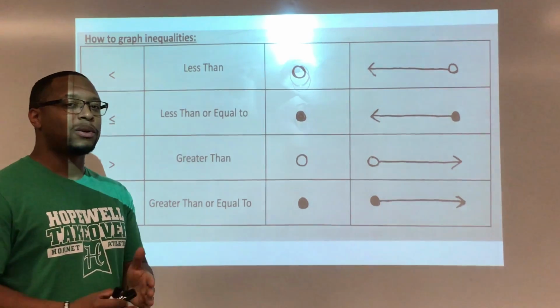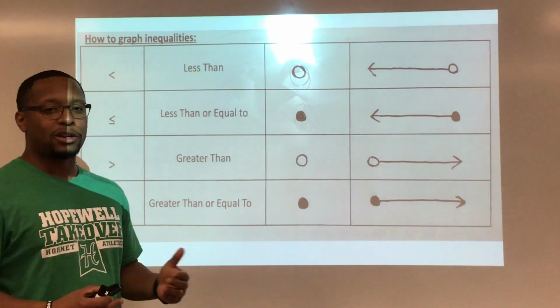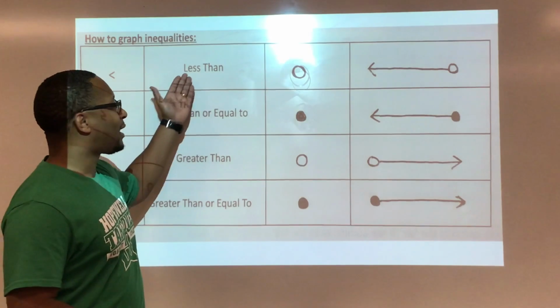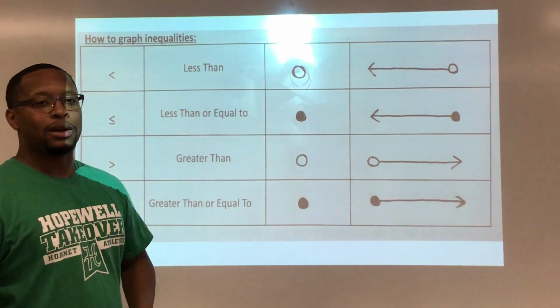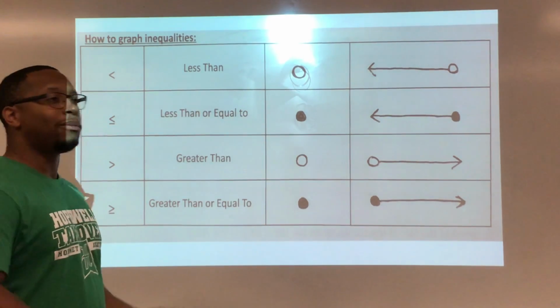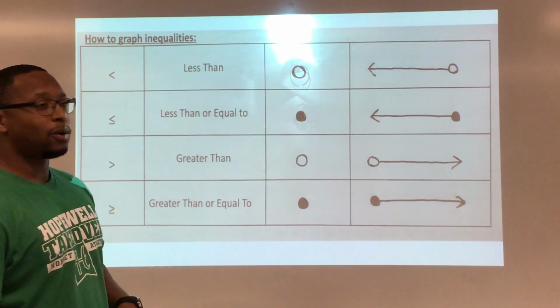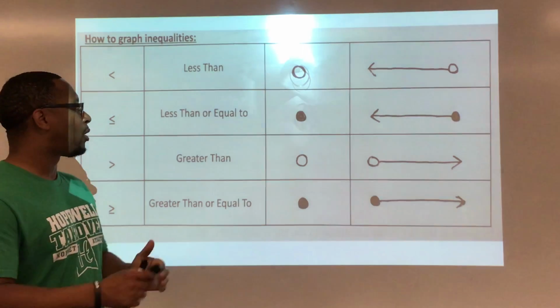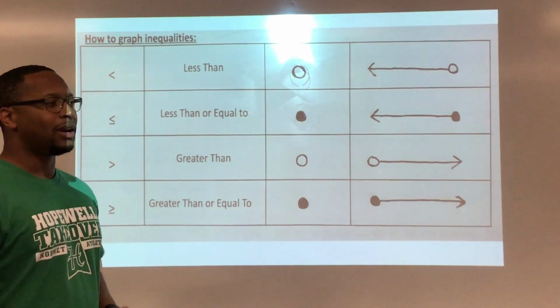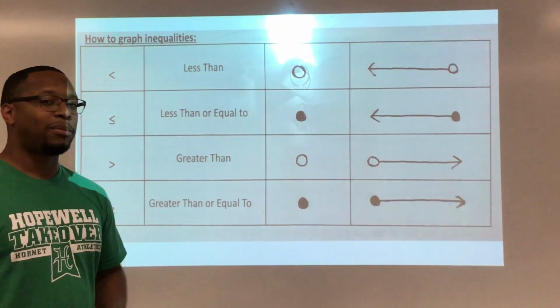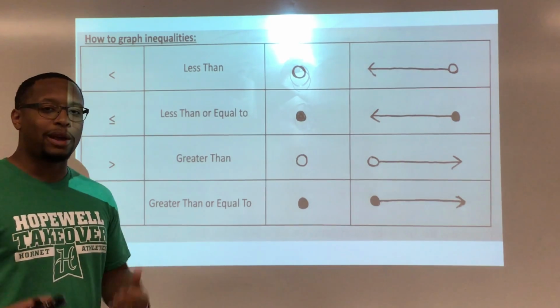With inequalities, there is more than one solution. If you say x is less than 4, then that means x can be any number that is less than 4. If it's less than or equal to 4, it can be 4 or any number that's less than 4. A lot of times 7th graders get hung up on the fact that there is not just one answer.